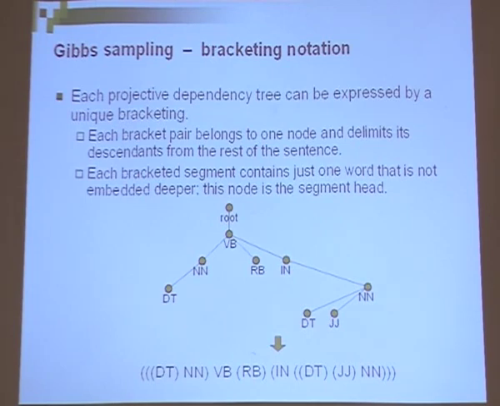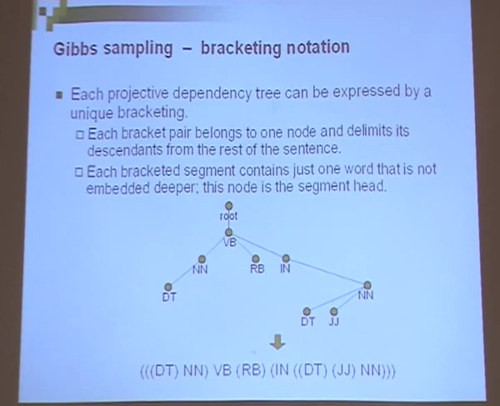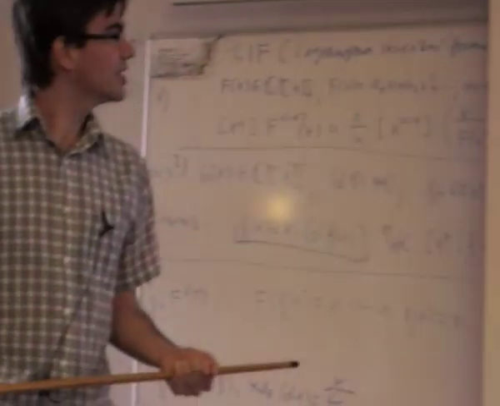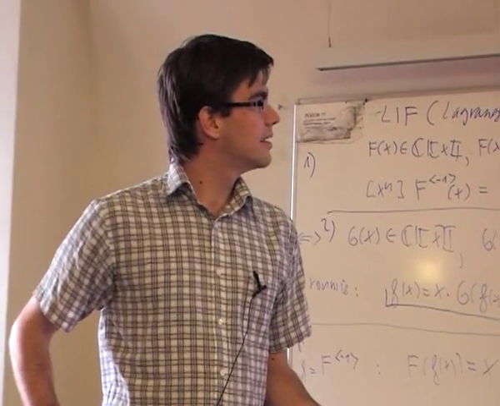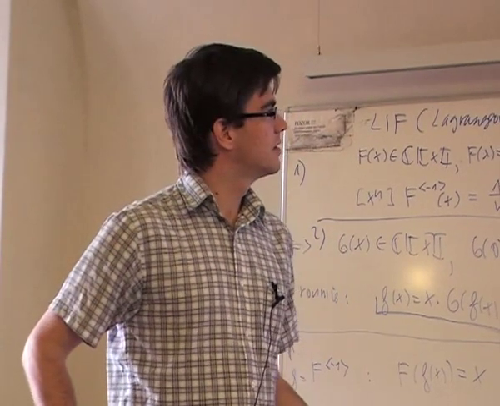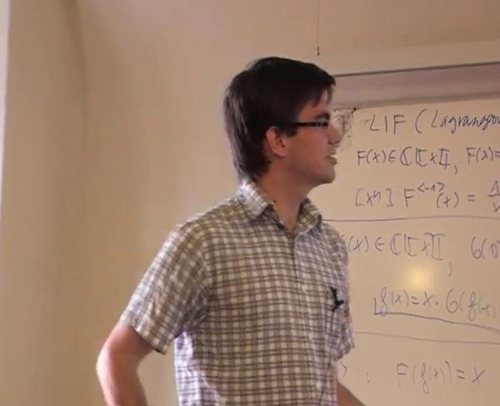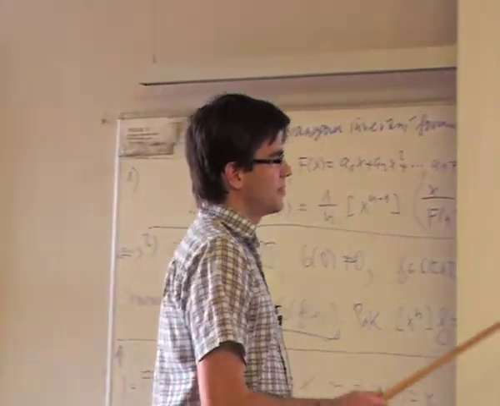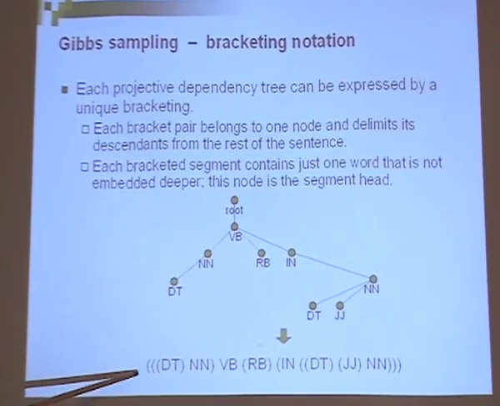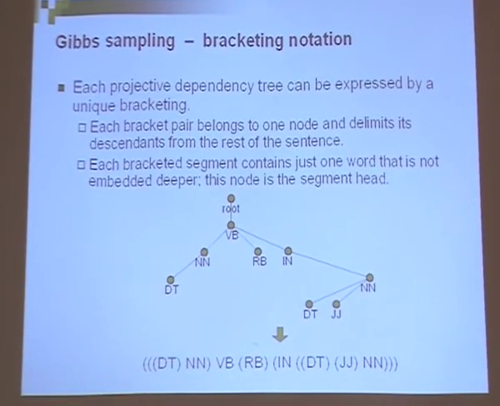Now I want to describe how the small change is made. Because I sample only projective trees, I will use a different notation for the description of the small change, the bracketing notation of the projective dependency trees. This is the example. This dependency tree can be written as this bracketing.